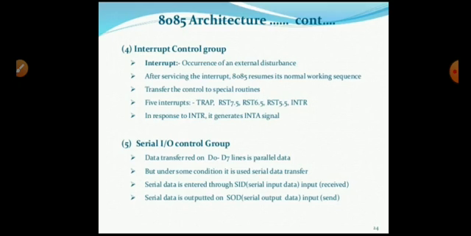The last block is the serial IO control group. This group is responsible to transfer the data from the processor to the peripheral or to receive the data from the peripheral to the processor.